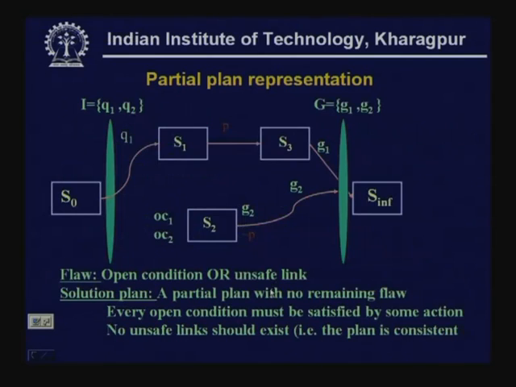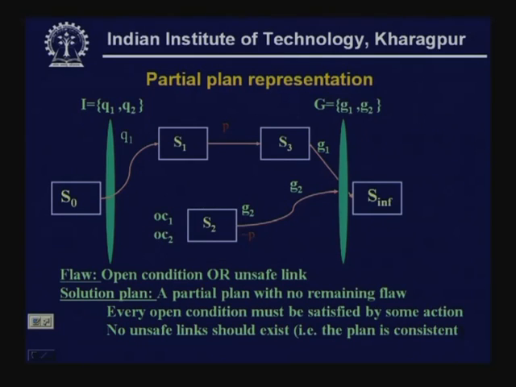Now, when we have a partial plan, that plan is flawed if there are some open conditions or some unsafe links. The solution plan would be a partial plan which has no remaining flaw, that is, it achieves all the conditions and there is no unsafe link.